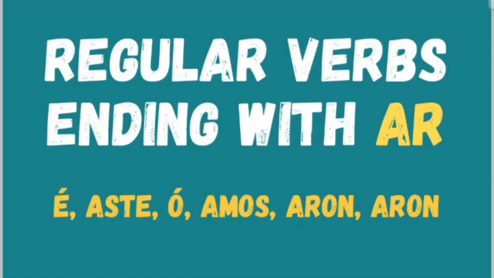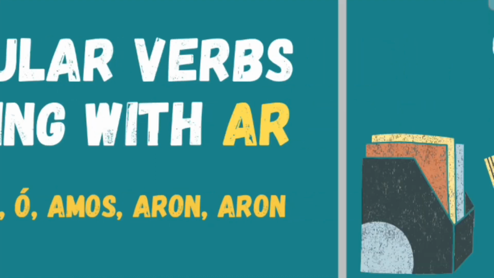Now we're talking about the personal pronouns you in the plural form, which means in Spanish ustedes, or they, which means in Spanish ellos if we're talking about a group of boys, or ellas if we're talking about a group of girls. Then our verb has to end with aron. So now let's see some verbs so you will understand these rules.